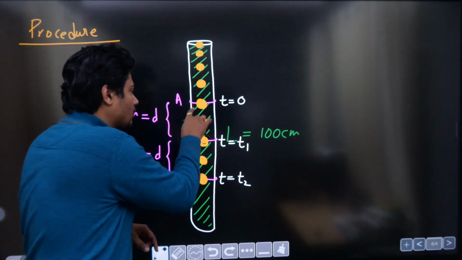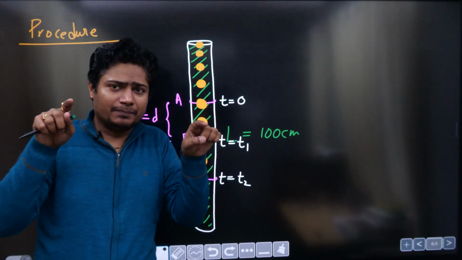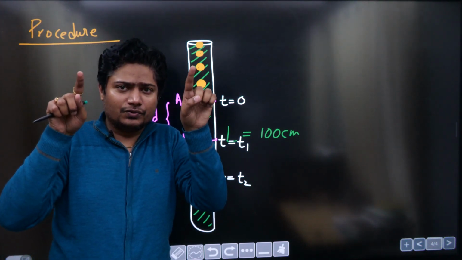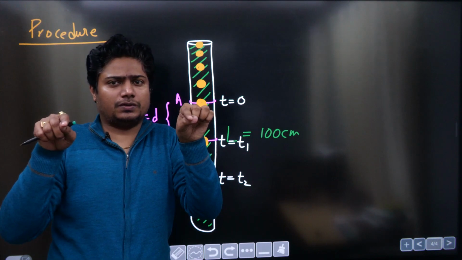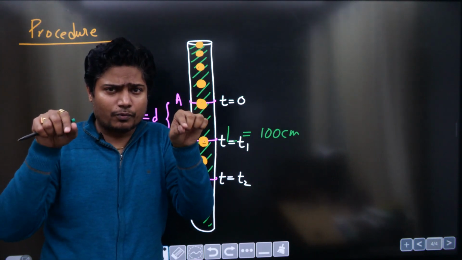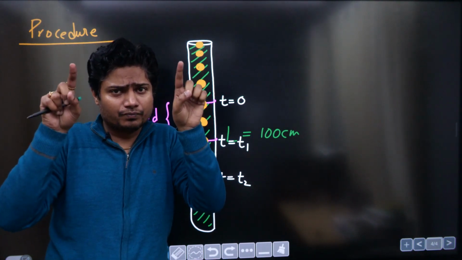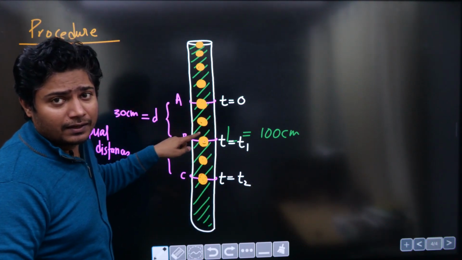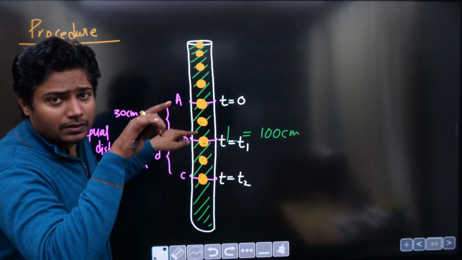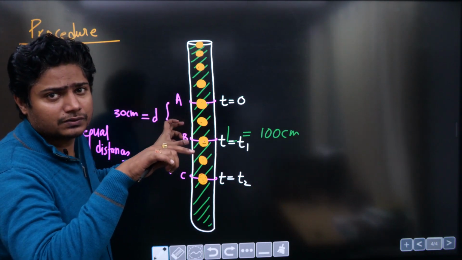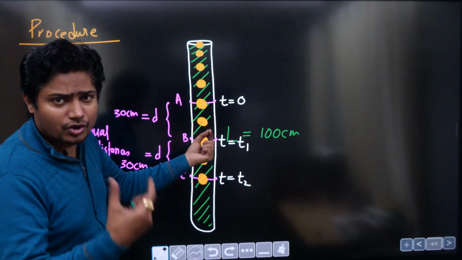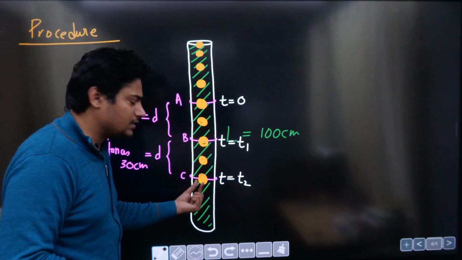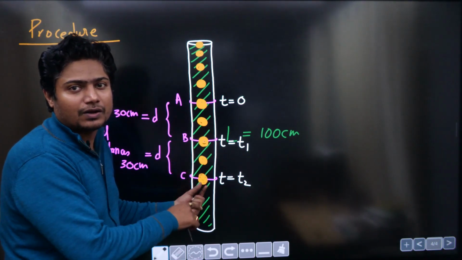As soon as it crosses the band A, you start the stopwatches. Both the stopwatches, stopwatch 1 and 2, will be t equal to 0 when it crosses A. Then when it crosses B, you will stop watch 1 and calculate t1, and when it crosses C, you stop the second watch and calculate t2.